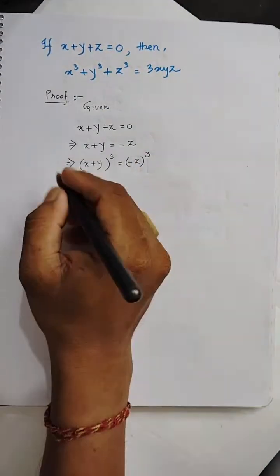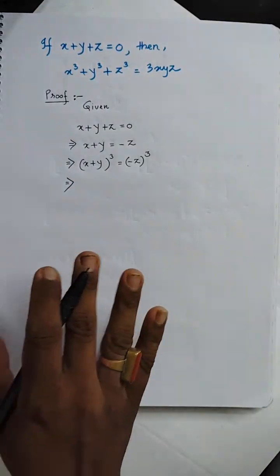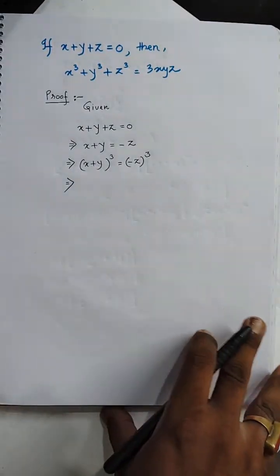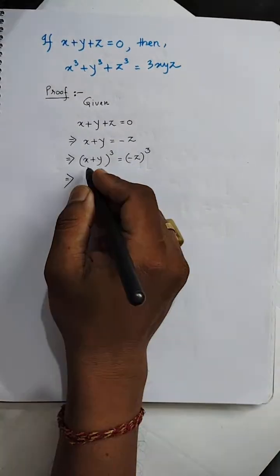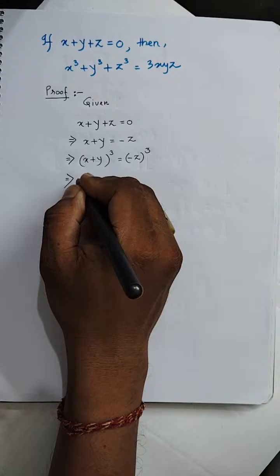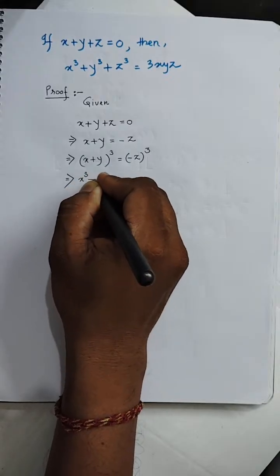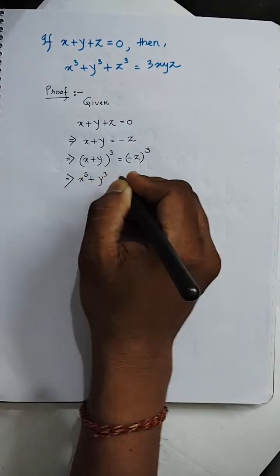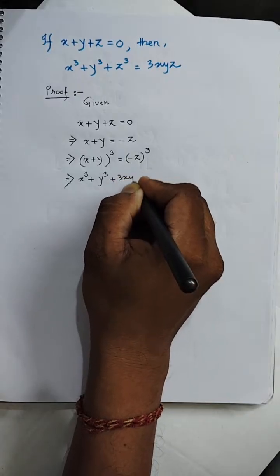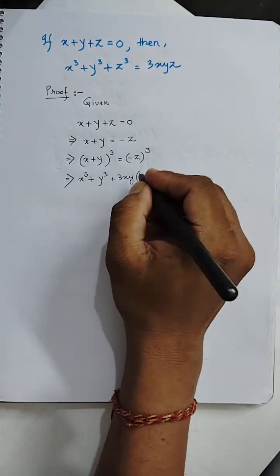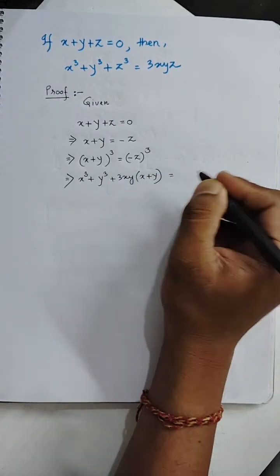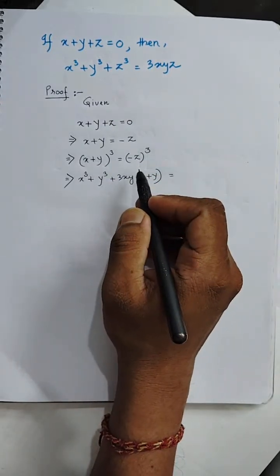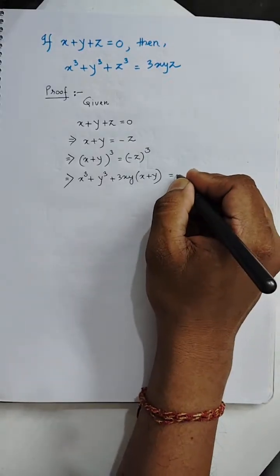Okay, I am doing this very slowly so that this is understandable by all. So x plus y whole cube is what? X cube plus y cube plus 3xy into x plus y. Okay, and the cube of negative is always negative, so this will be minus z cube.